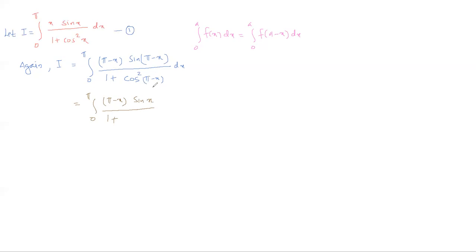So cos pi minus x is minus cos x, but when you square it, it is the same as cos square x. That is your equation number 2.